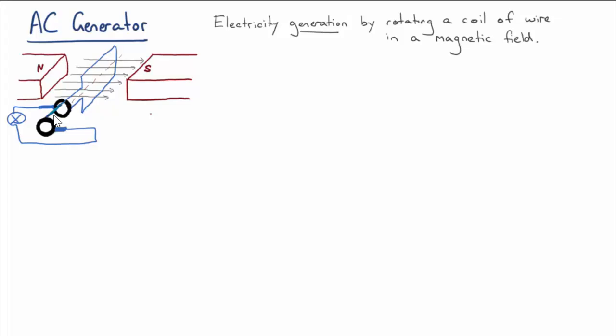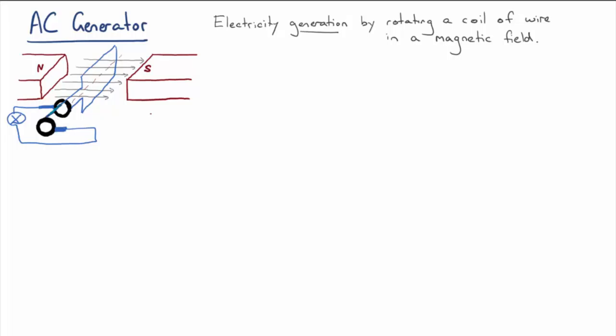We might use hydroelectricity. In hydroelectricity plants, we use water, which spins a turbine, which causes this coil to rotate around. We might use steam in a coal power plant to turn a turbine, which allows these coils to turn in a magnetic field.